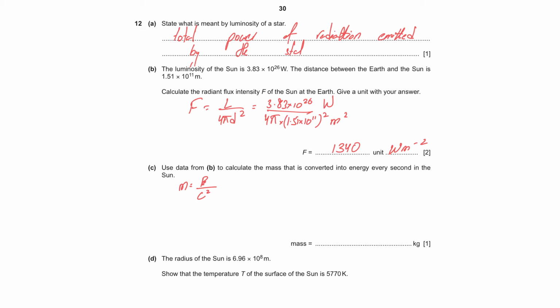And they're asking us for the energy in 1 second. So they're basically talking about power. So 3.83 into 10 to the power 26 over c squared. And that gives us the mass, which is equal to 4.26 into 10 raised to the power 9 kilograms.